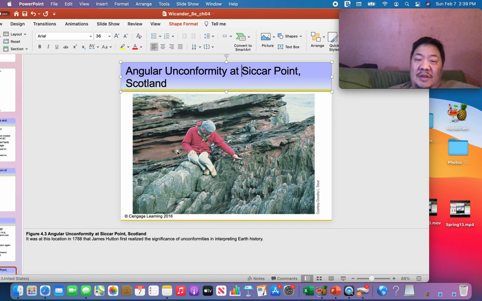That means they are tilting, but we say dipping instead in geology. They are dipping, but they're just dipping close to, not too far from the horizontal. So here the beds are dipping like this, almost horizontal, and here they're dipping at a steep angle. What happened here on this surface to cause this change? James Hutton thought about it.